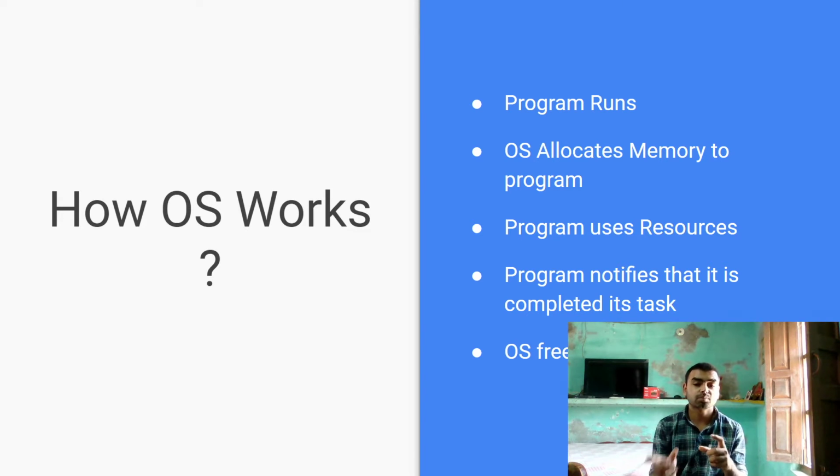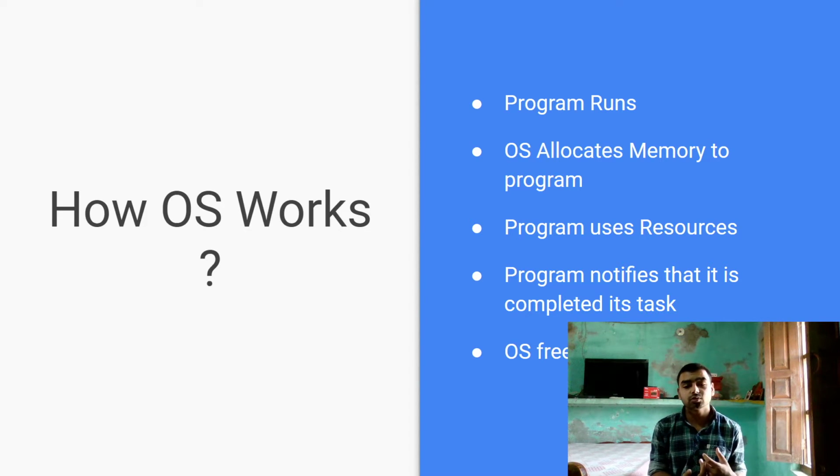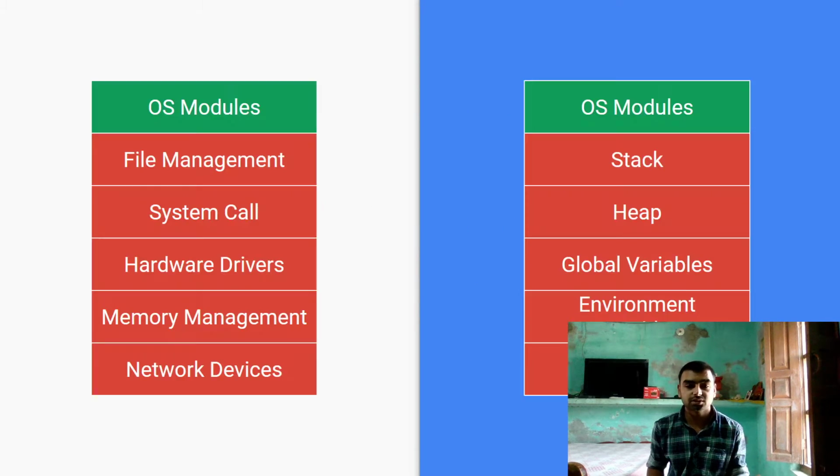Whenever the program on exit returns some kind of exit value, the operating system knows that the program exited. Now I can go ahead and free the memory. I can take the hard disk resource back from the program. I can clear the RAM which was provided to the program, and I can do a lot of other stuff. This helps the operating system to free the resources.